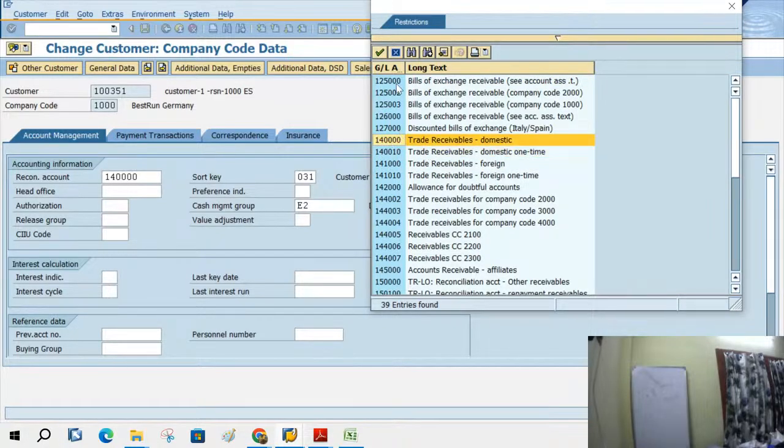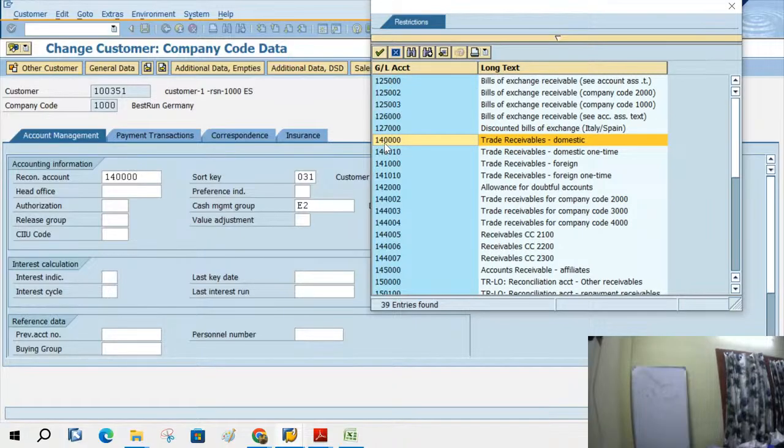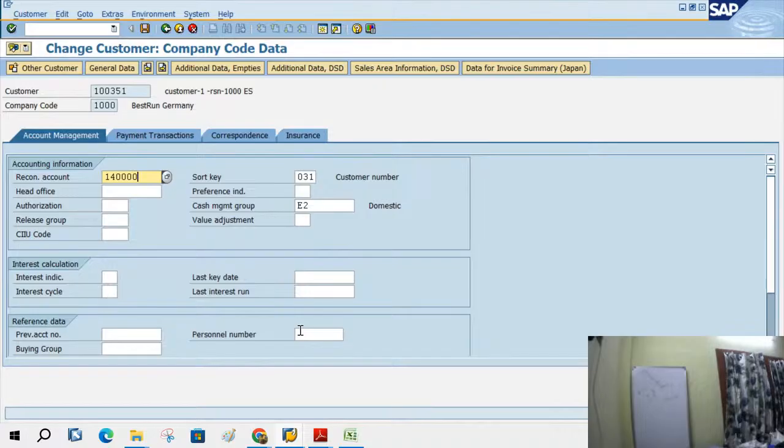A GL account is required for the customer, where all the total money collected from the customer will go. I'm going to show you where it is getting collected. So whenever you are doing F-28, the amount you enter there will get deposited into this GL account. Am I clear?